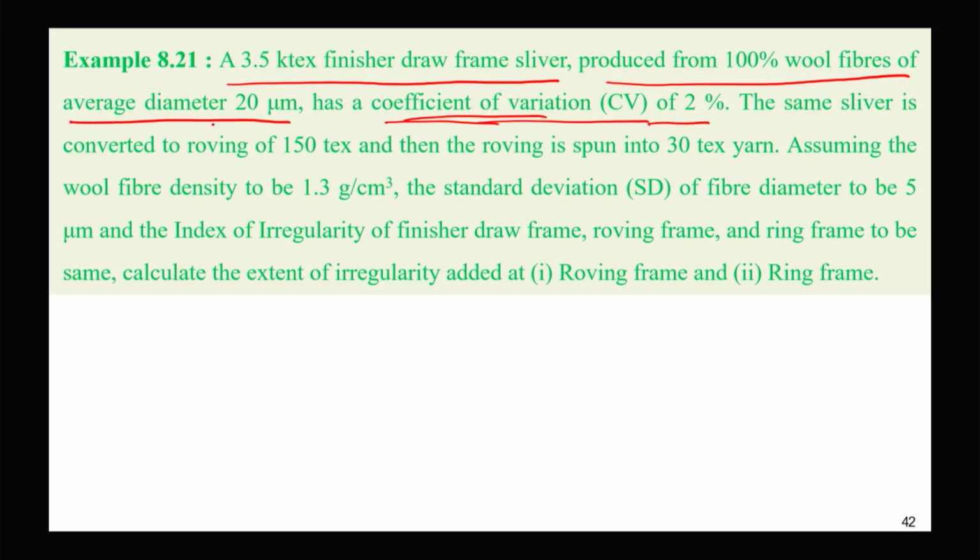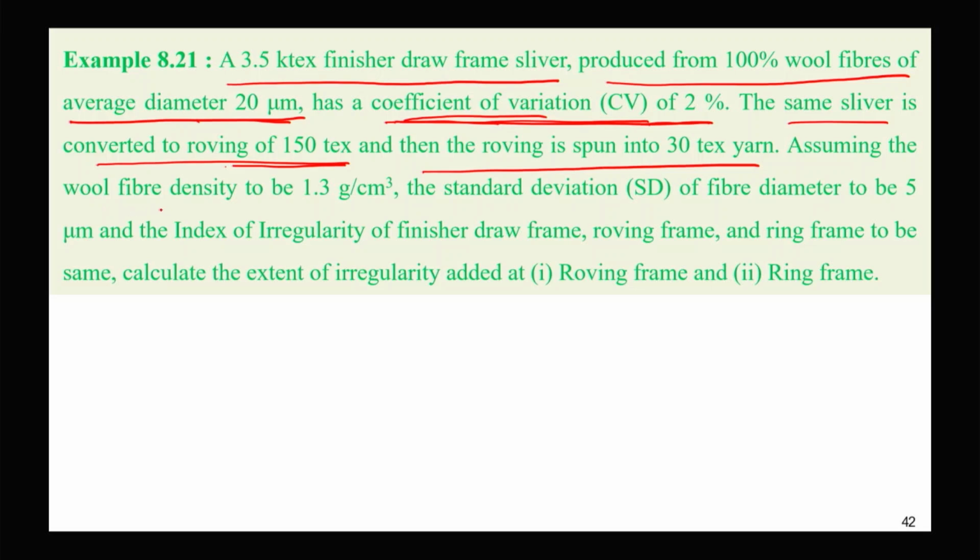So the average diameter is given in micron and the mass variation is 2%. The same sliver is converted to 150 tex roving and then yarn of 30 tex.